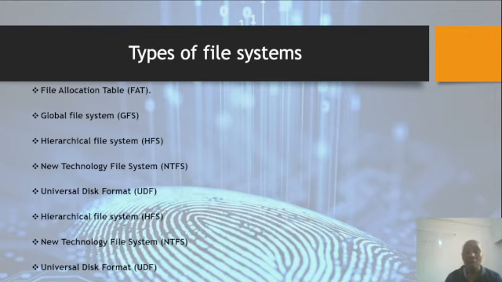For example, on the other side, the Global File System, GFS, came in, and this was for the Linux operating system. It was a shared file system, and GFS also allocated files that provide direct access to shared blocks of storage.